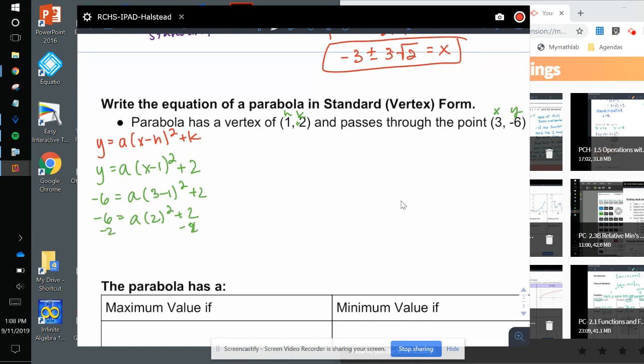So I get negative 8 is equal to 2 times 2 is 4, so 4a. And then divide by 4. I get a is equal to negative 2. Then I can see that my equation is y is equal to negative 2 times (x minus 1) squared plus 2.